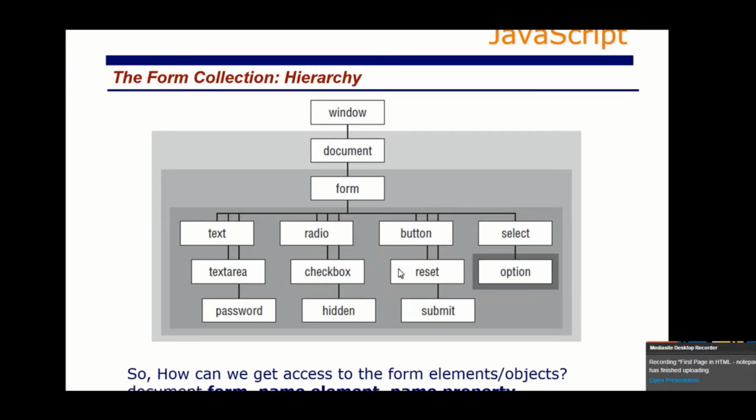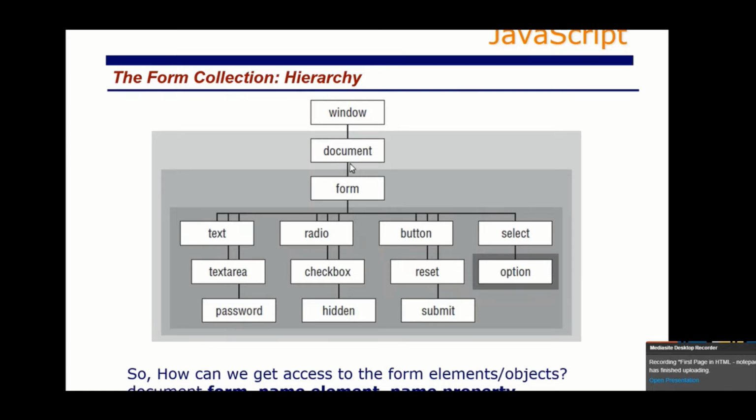A form is a collection of elements, so it's similar to inheritance and polymorphism. So we're going to have the window element, that is like the parent of all the HTML components. Inside that we have the document. We're going to use document a lot in JavaScript. We're going to learn about that.